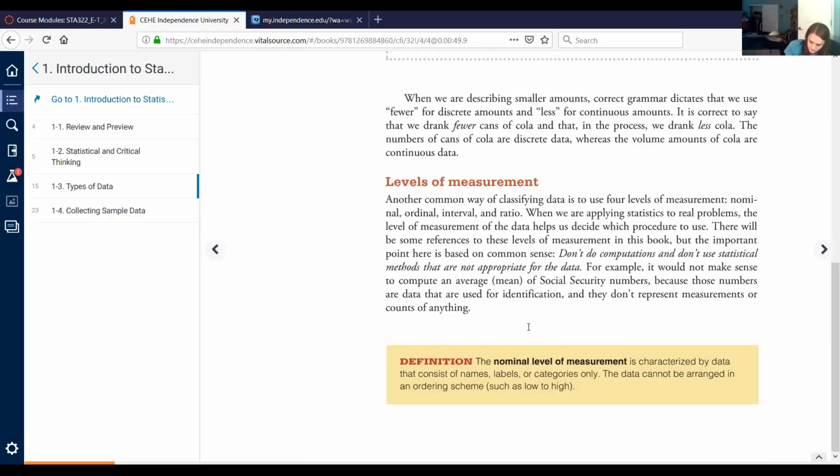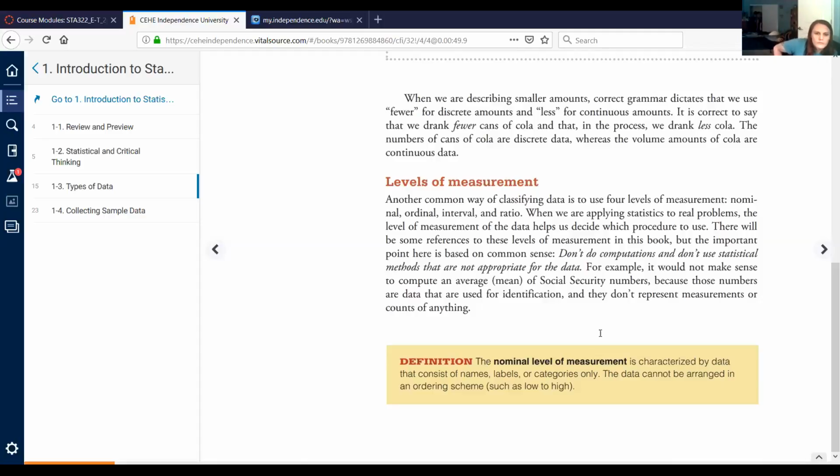We have types of measurements. We want to be sure that we look at the type of data that we have, because when we do the analysis, there are some methods that don't work for some. For example, we can't take an average social security number.